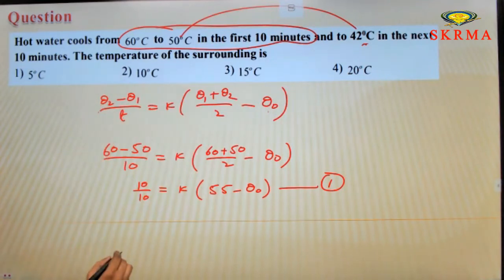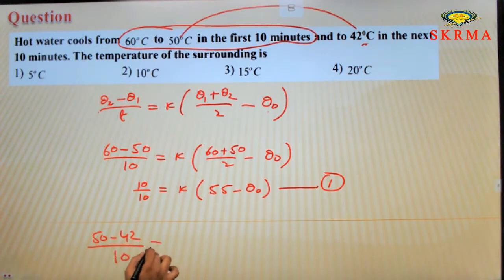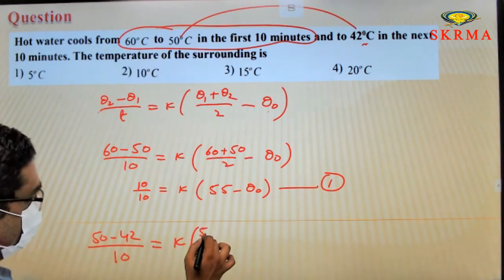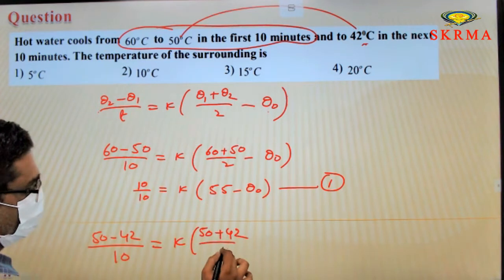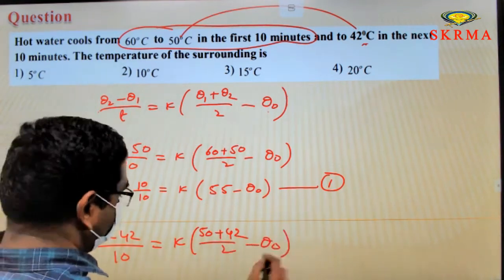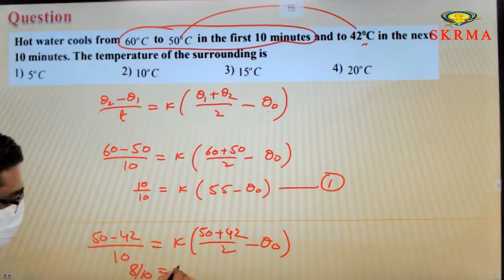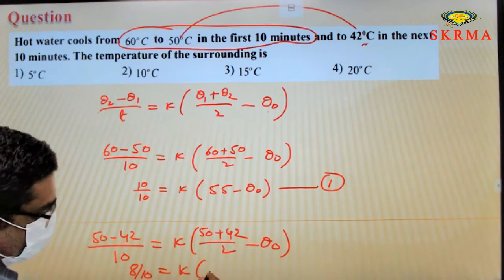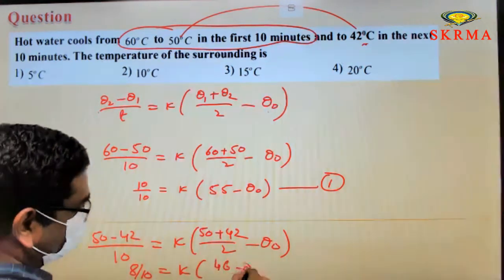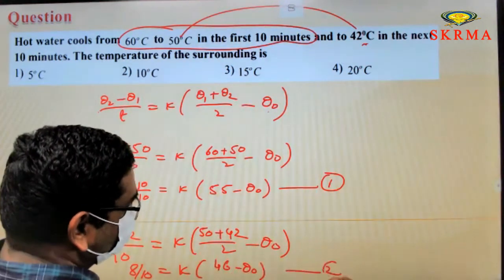Theta 2 value is 42, so 50 and 42. 50 minus 42 by time taken, which is 10, equals K into 50 plus 42 by 2 minus theta naught. Now how much is it? 8 by 10 equals some constant into 46 minus theta naught. Let it be equation number 2.